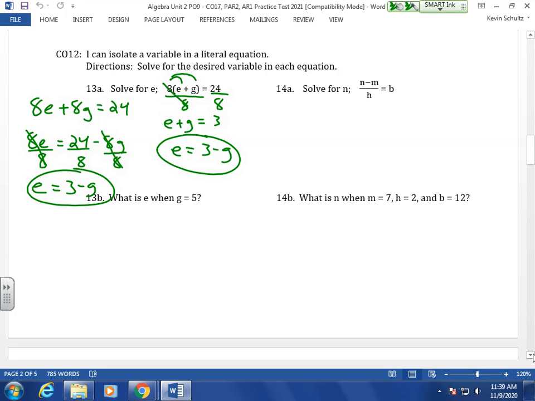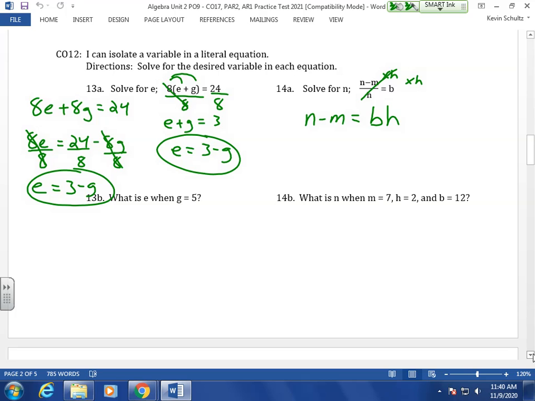But okay. So for 14a, solve for n. We've got this fraction here, n minus m divided by h equals b. As with any fraction, we want to unfractionalize it, right? Multiply by h. That gives us n minus m equals b times h. We don't know what either one is, but we're multiplying them together.